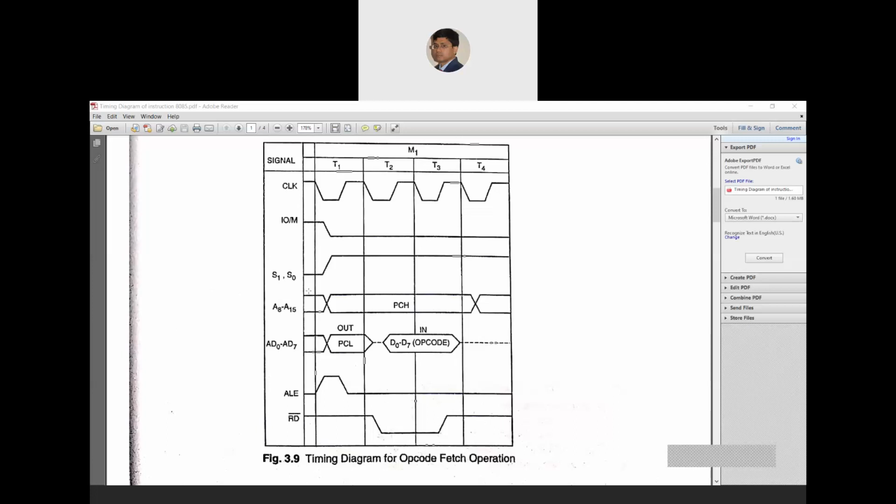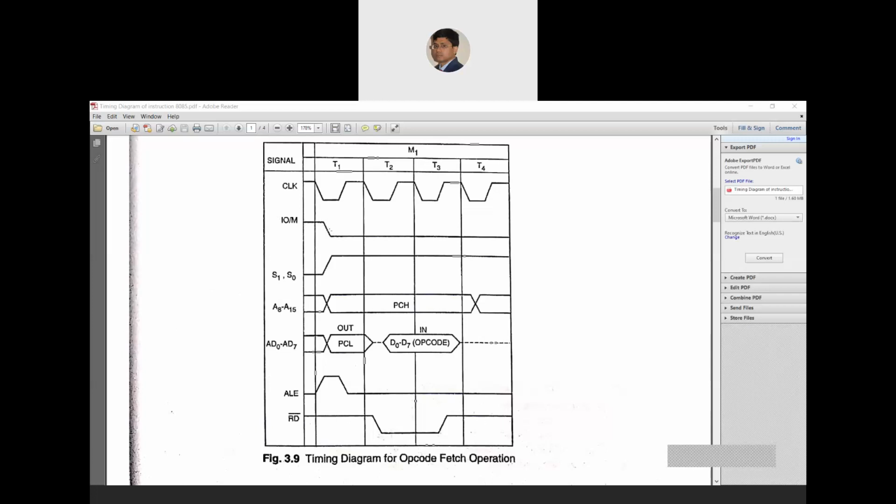before handling this instruction. So for IO/M bar, whatever its previous state, we are not concerned about that. For the opcode fetch operation, this IO/M bar should be 0, because it is a memory related operation.